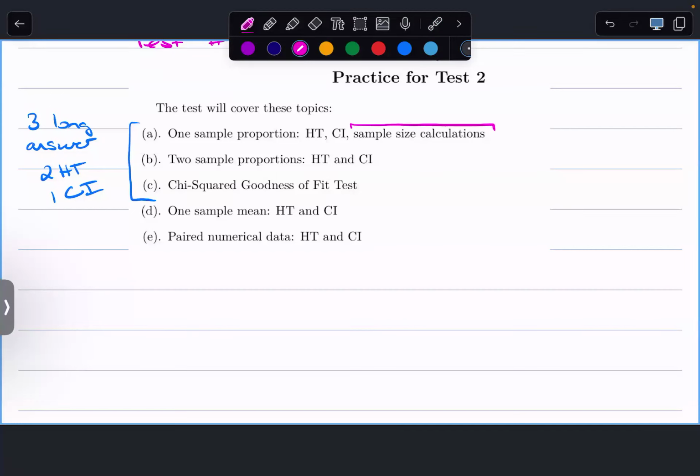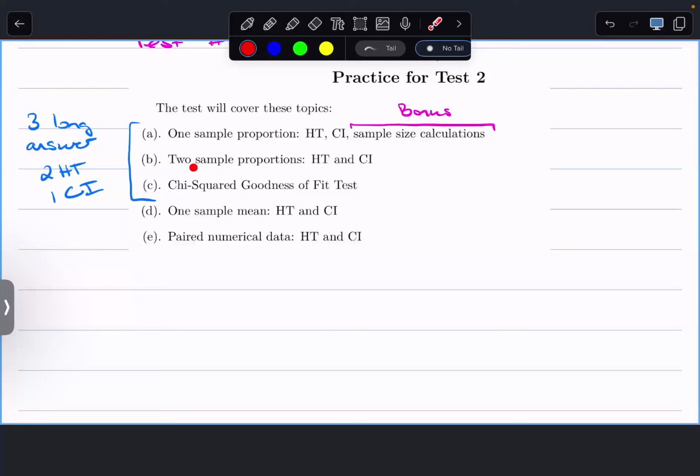We have the sample size calculation, which I've promised is going to be a bonus question. There were some assignment questions for extra credit for you to try, and so similar to those, right? Calculate the sample size. So for one sample proportion, we can do a hypothesis test, or a confidence interval, or a sample size calculation, which will be a bonus.